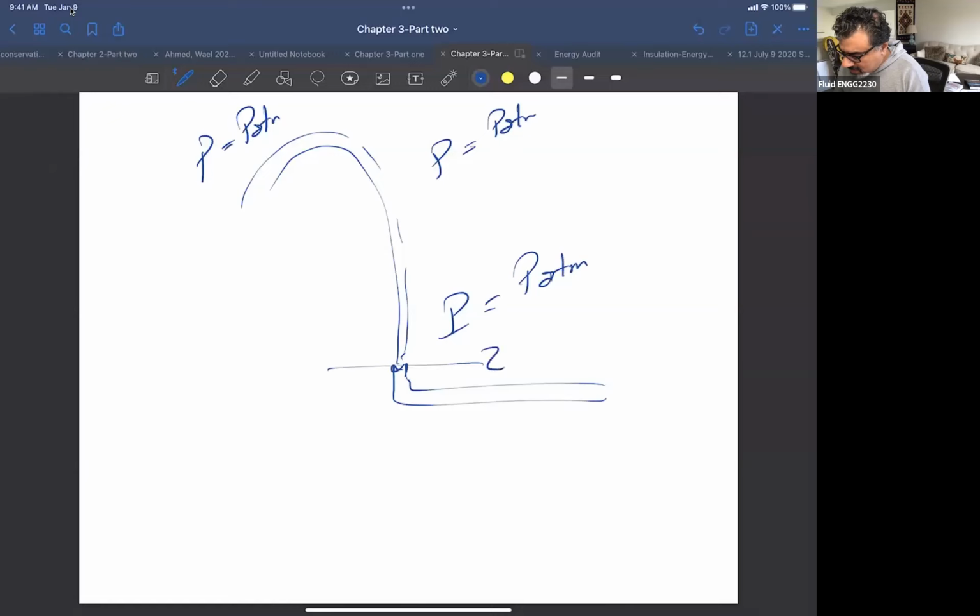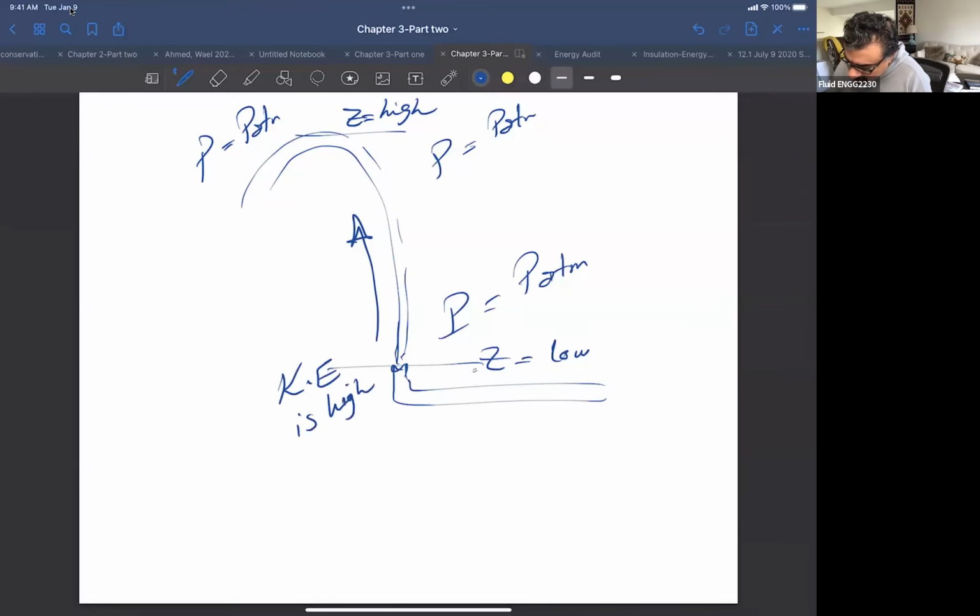So all these are atmospheric pressure. And this Z here is low, and this Z here is high. So you have the same pressure, and this Z is low, but the fluid is moving in this direction, which means that the kinetic energy here is high. That is what is driving the fluid here. Until the maximum point, what do you think about the kinetic energy here?